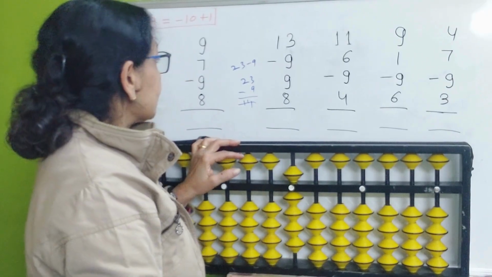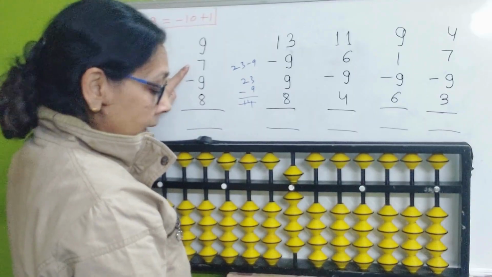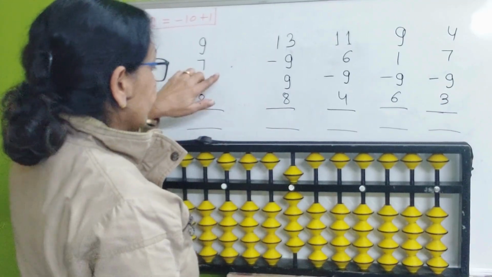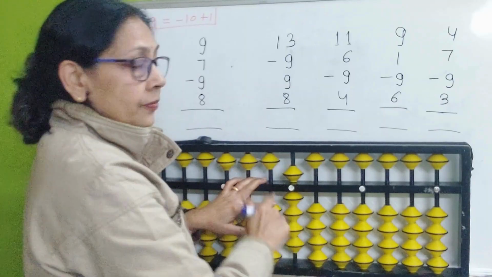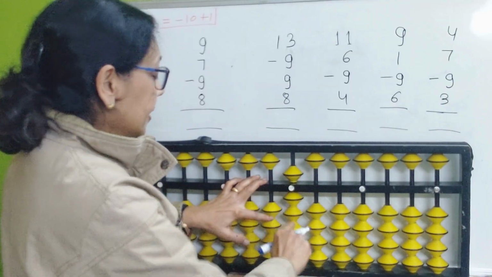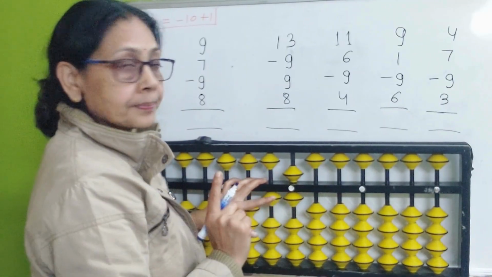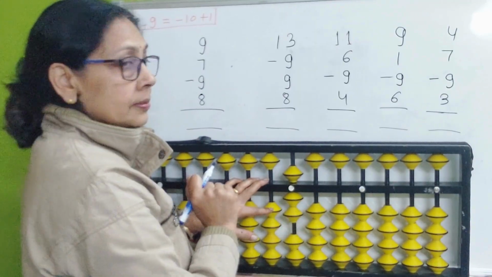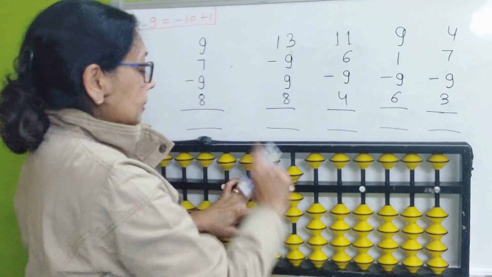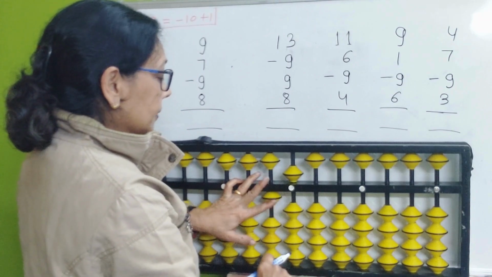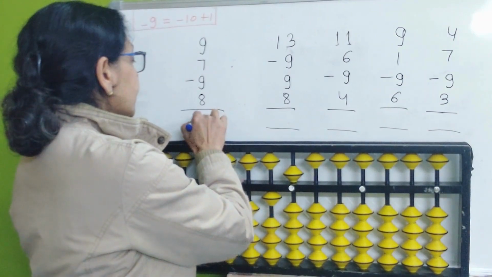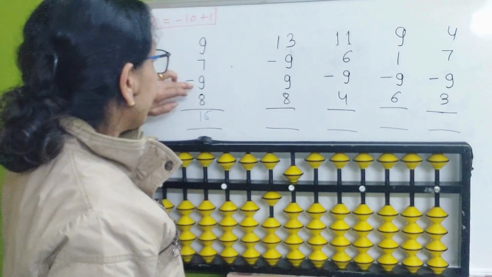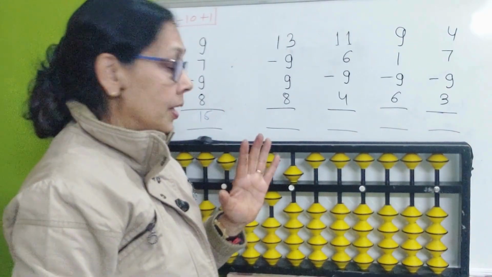First set this 9. See the example questions: 9. Now you have to add 7. The friend of 7 is 3. Less 3, add 10. Less 9, less 10, add 1. Add 8. Less 2, add 10. This is 15. So the addition of this 8 and 7 you had learned already.